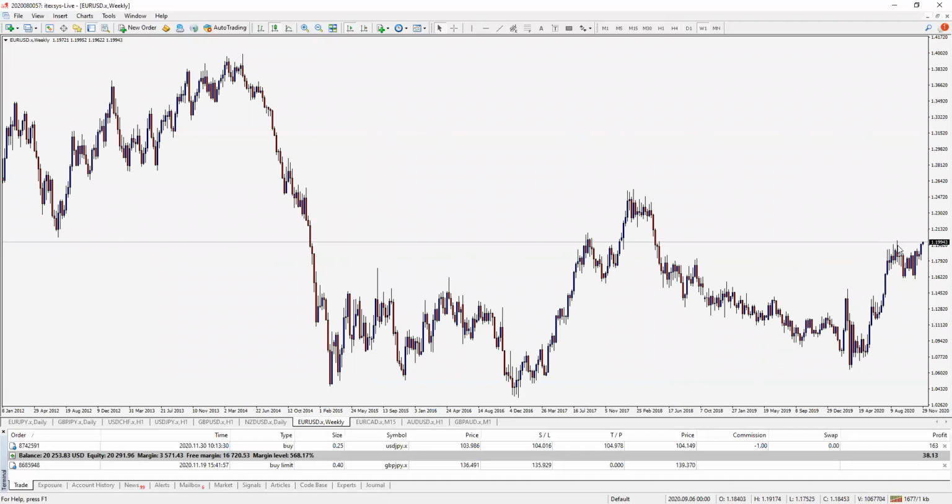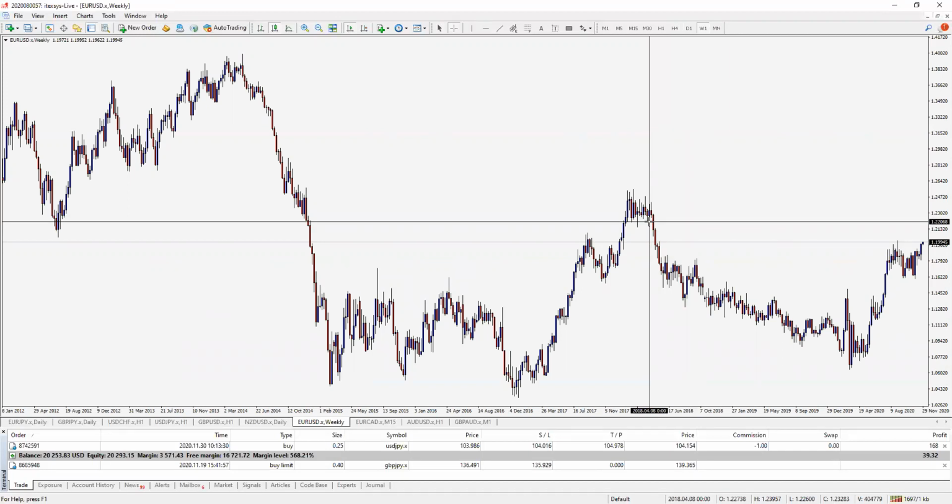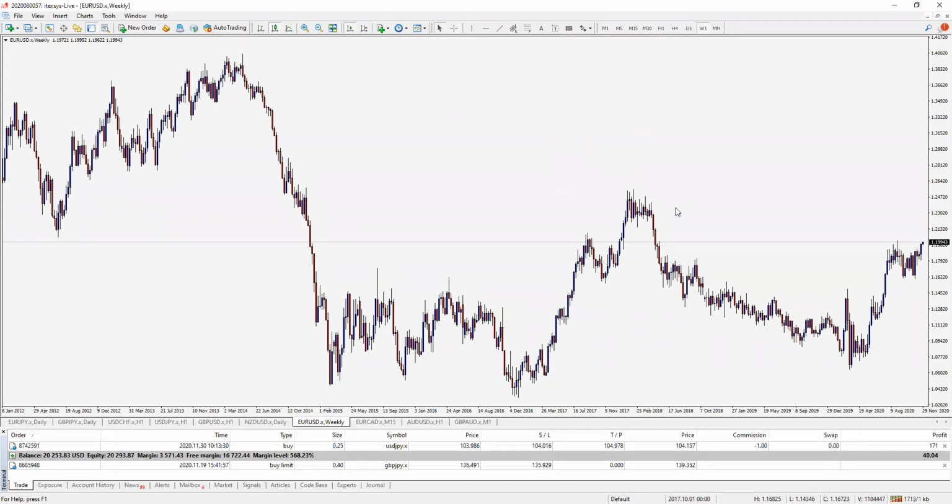Okay, this one. So as I said, it's not a perfect, clear supply that we can just enter on the first touch. I do believe that the price might tend to reach higher levels, about these levels here. And there, this level, I would definitely sell on the first touch.